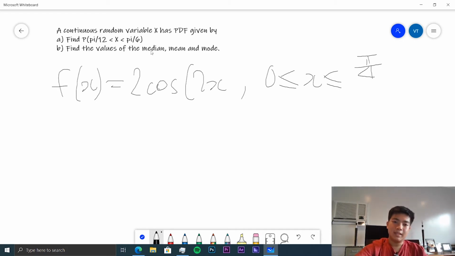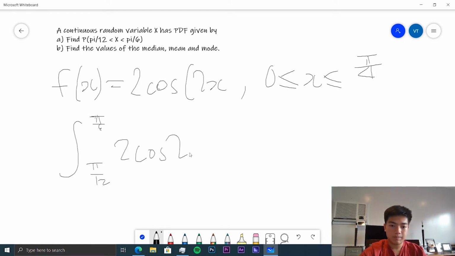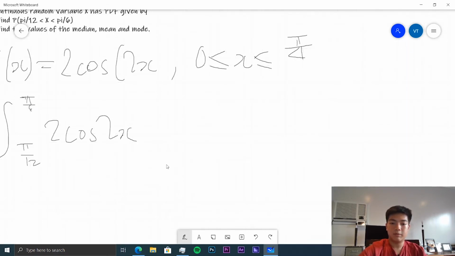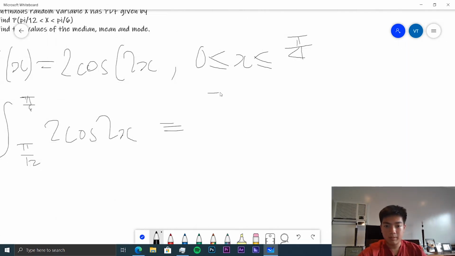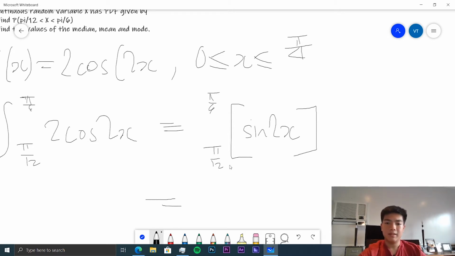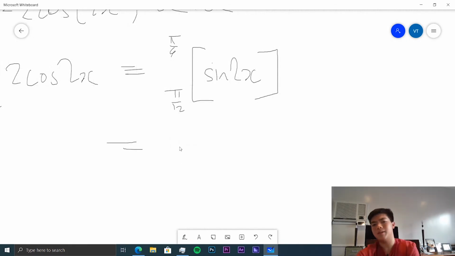So the probability that it's in between these two is simply the integral between those 2 points. So we have the integral between pi over 12 and pi over 6 of 2 cosine 2x, which is equal to sine 2x evaluated between those points, so sine pi over 3 minus sine pi over 6.